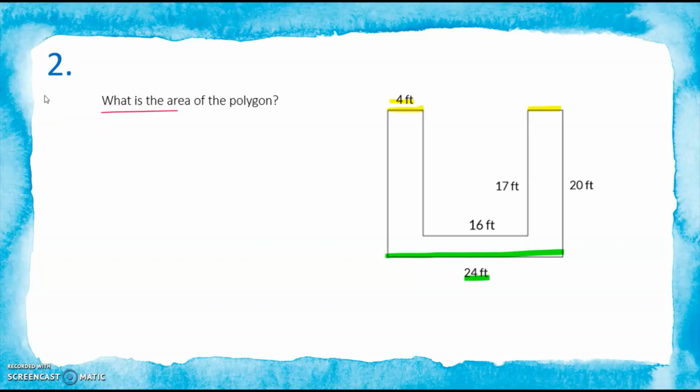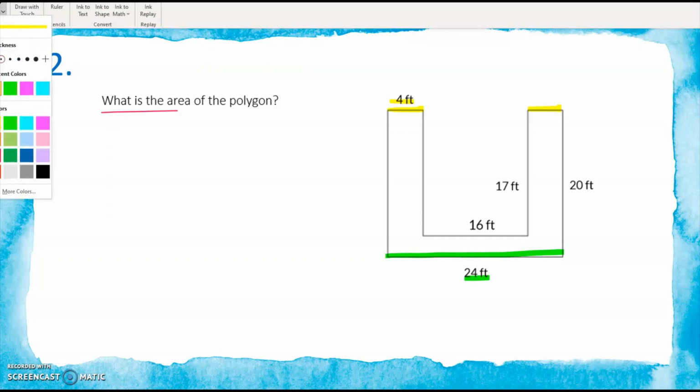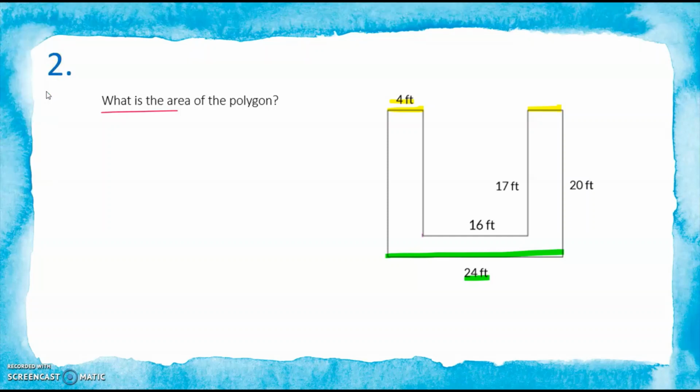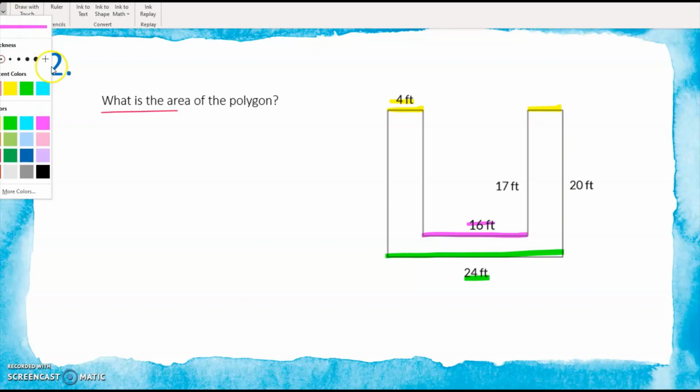And this is also 4. They don't say that, but because the whole thing's 24 and you take away 16 and 4, 4 is left. Okay. And then this right here is 16. Then we have 2 other sides, 17 and 20.